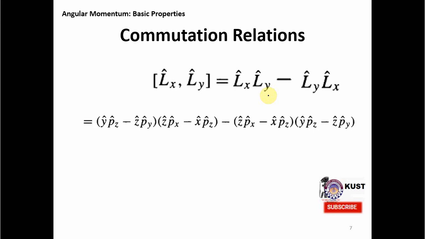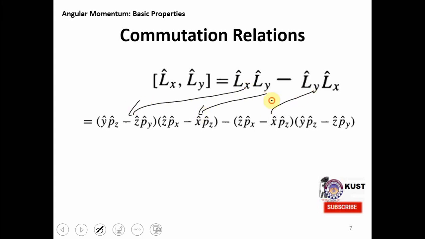And then, as you can see, we will substitute the value of Lx, which we have already defined in the previous slide. So we substitute Lx with this one, and Ly with this one, Ly again, and Lx again. Now these two terms contain products, and there could be many products. For example, the first term going with the first and second, and the second with the first and second, and so on.